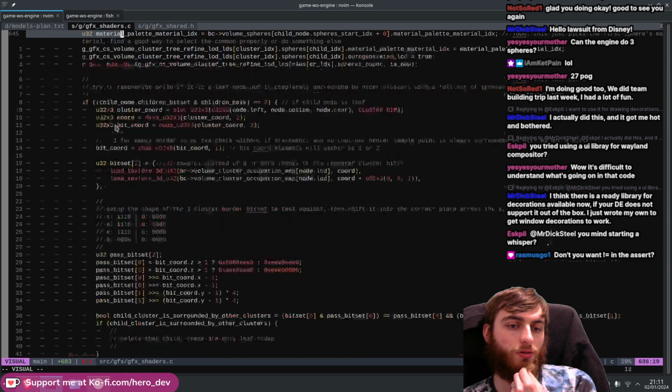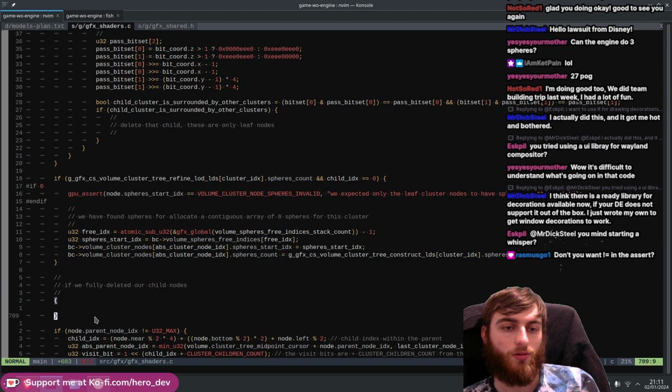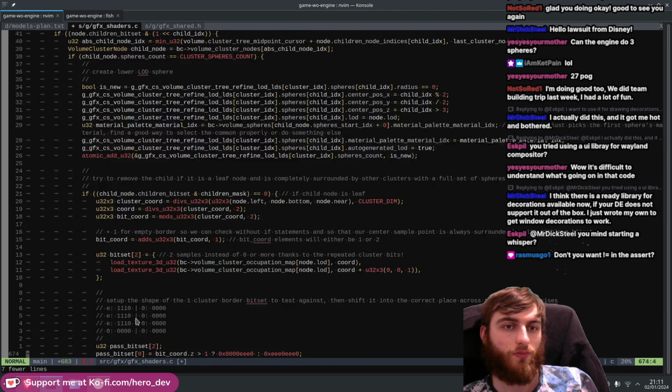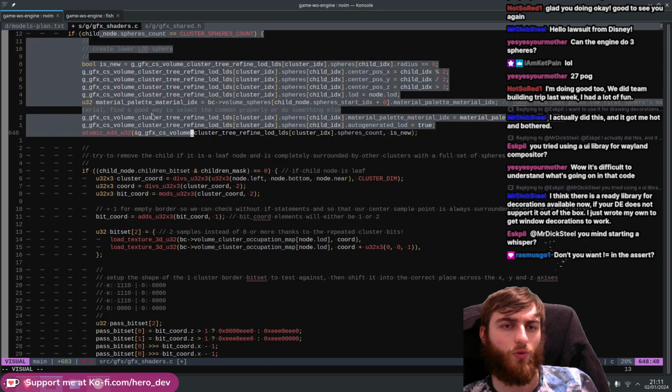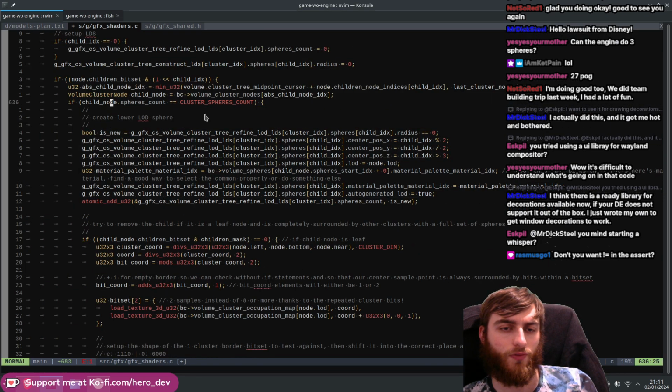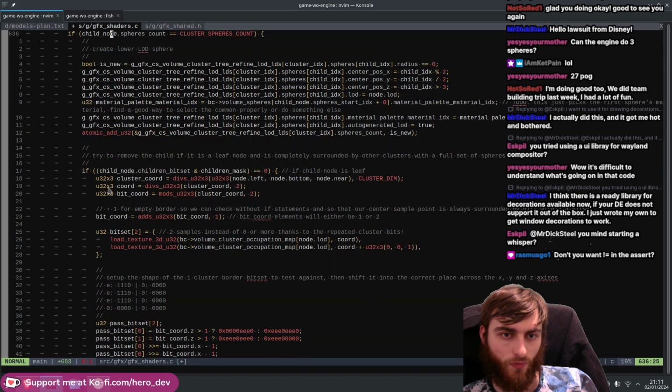So if we've become a leaf, the ones that are active will be running that matter, that's fine. So they'd all go in here, right? If they've got a full set of spheres and we try to remove them.